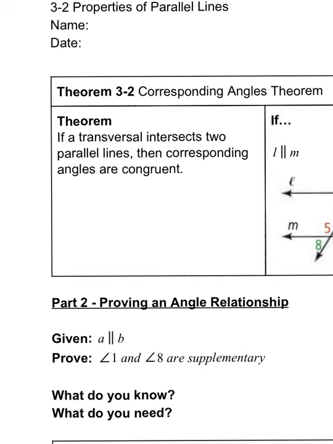So, corresponding angles are congruent. So looking at the diagram, what are all my corresponding angles?